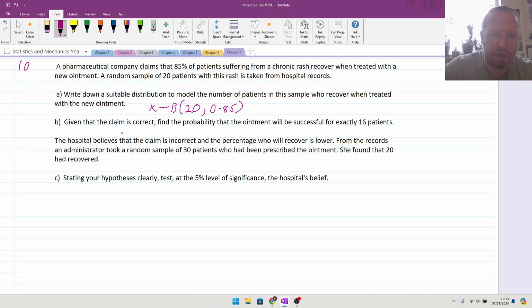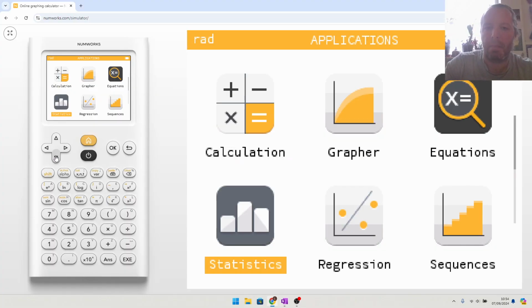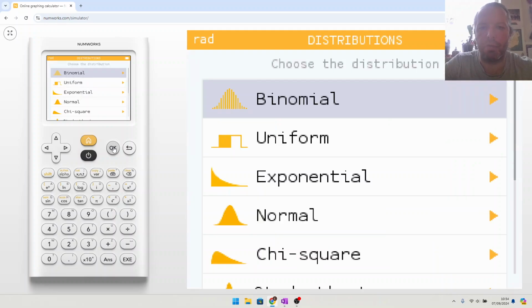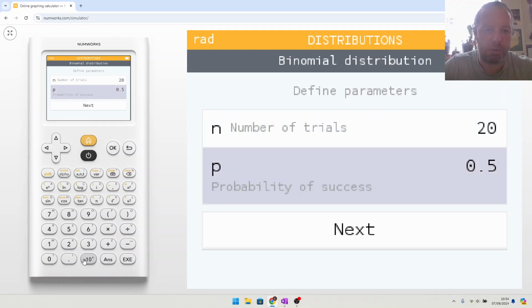With that, we are going to use this binomial and look up the probability that X is exactly 16. So onto the calculator now. Using this calculator, we go down to distributions. It's a binomial distribution. Number of trials 20, probability of 0.85.